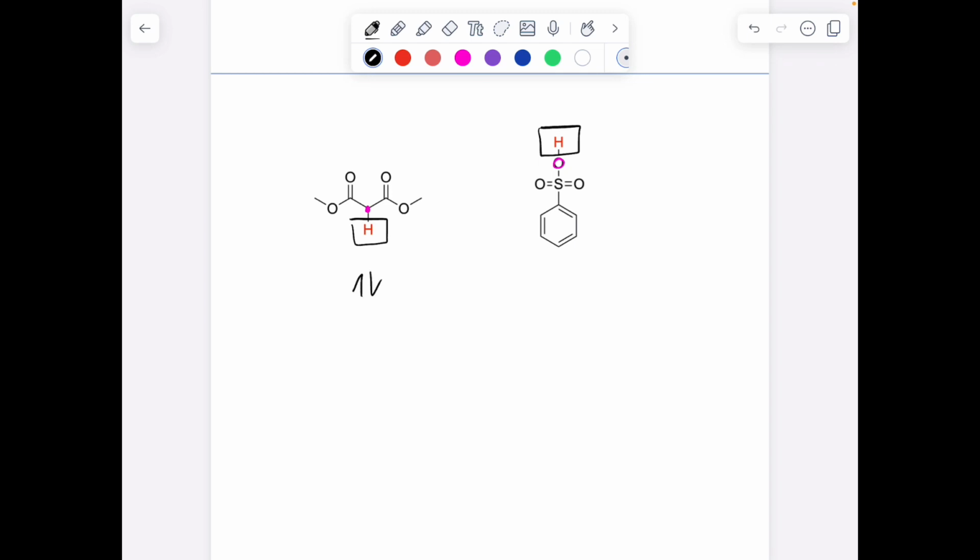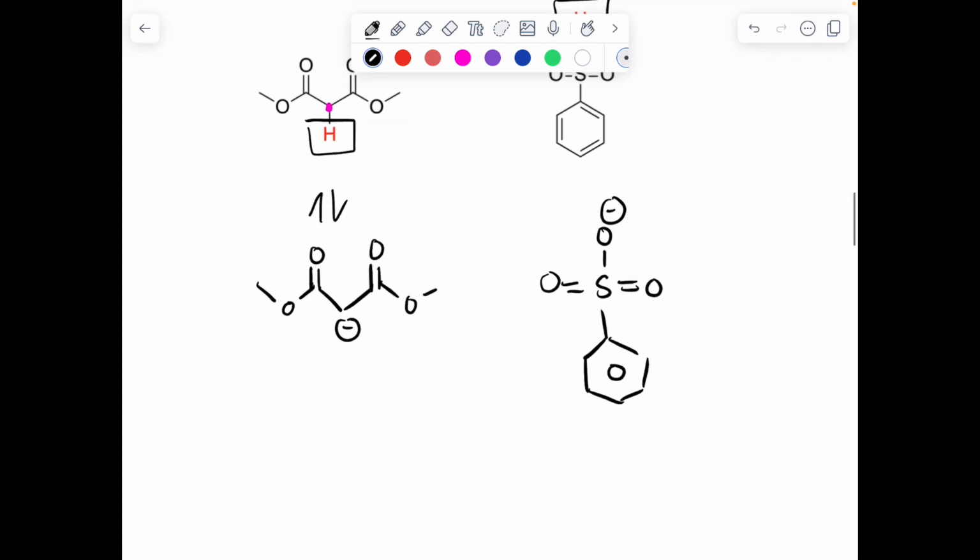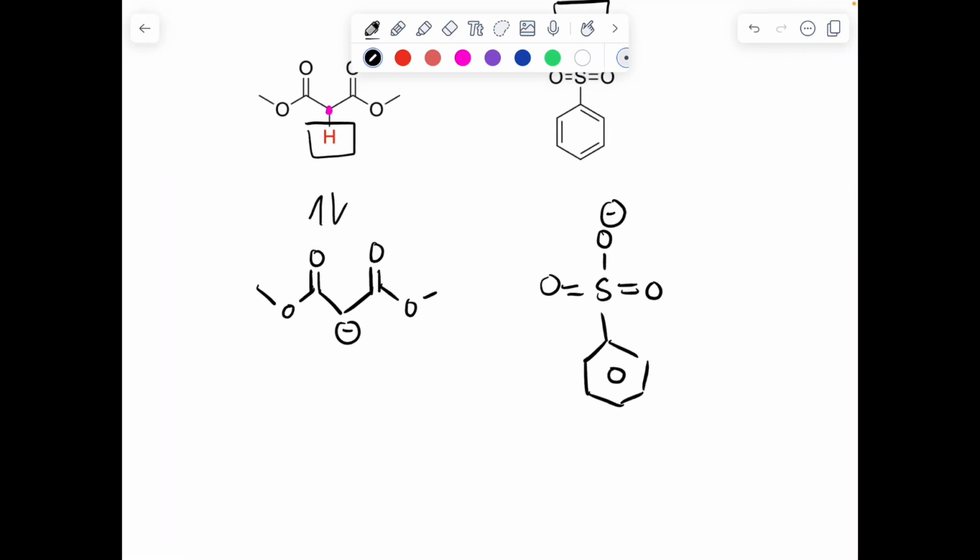So in the conjugate base form, that atom will be negatively charged. So now we must ask, how stable is this negative charge? For example, is it stabilized via resonance or inductive forces?